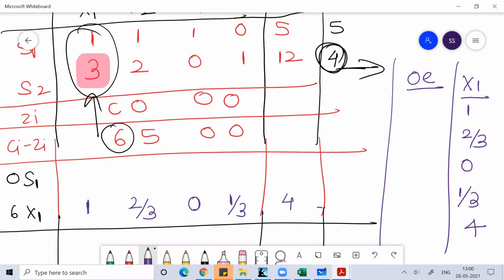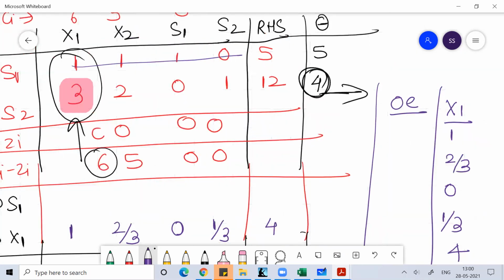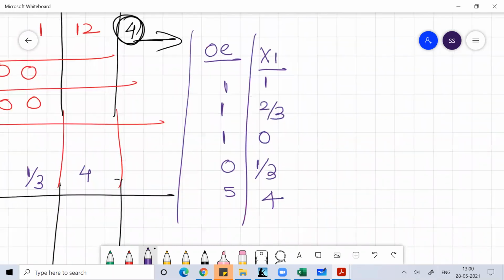Now, what is the old element? The old values of S1 are 1, 1, 1, 0, 5. And the constant for this calculation of S1 would be the corresponding value of that, which is 1 only here.